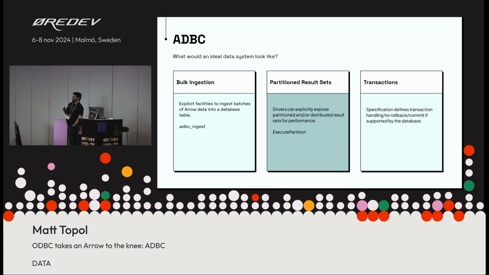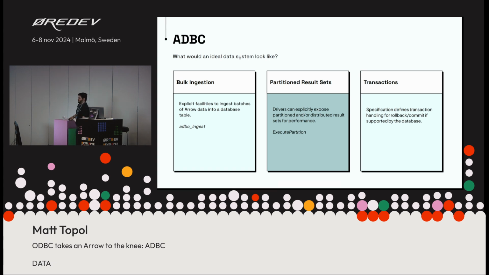And so now you've significantly reduced your memory usage if you need to do that kind of cross-database copy, because not only are you benefiting from the zero copy of Arrow, you're streaming it across, you don't have to get the whole result set in memory first before you pass it along. You can just connect ADBC drivers with each other for ingestion and query execution if you want to.